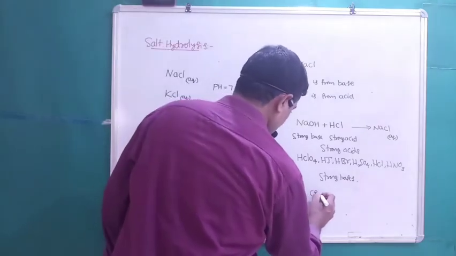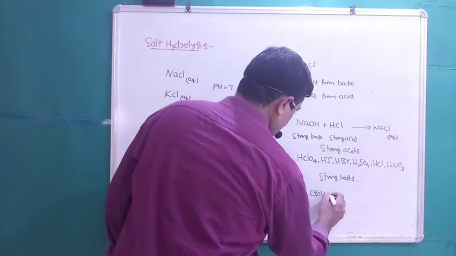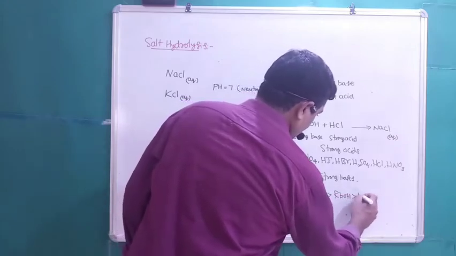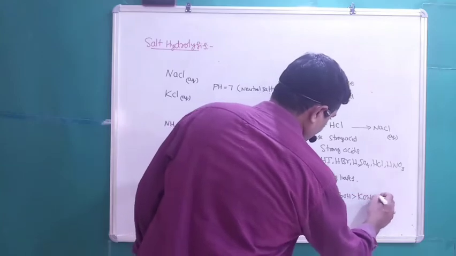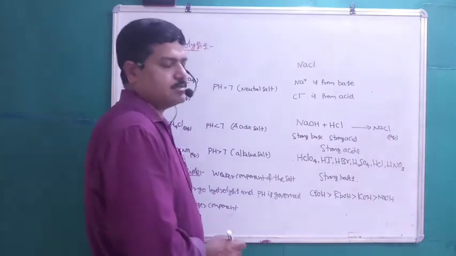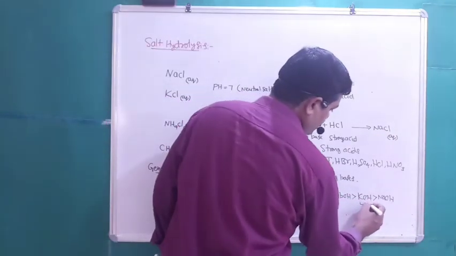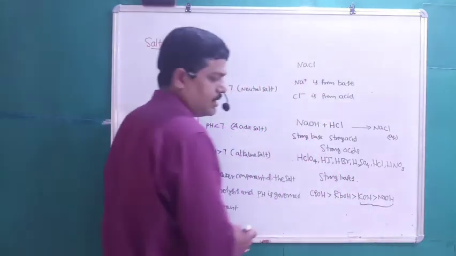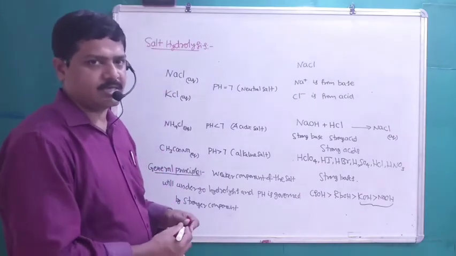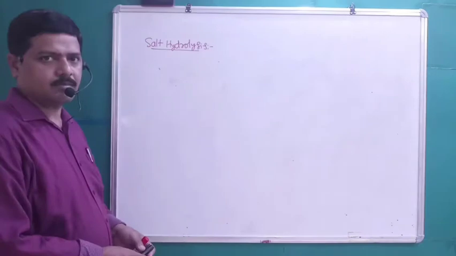The general order is CsOH is greater than RbOH is greater than KOH is greater than NaOH. But the most frequent questions are based on these two bases: potassium hydroxide and sodium hydroxide.